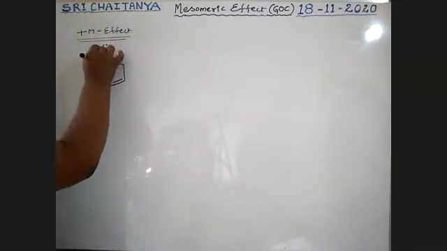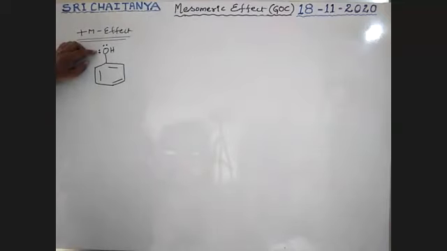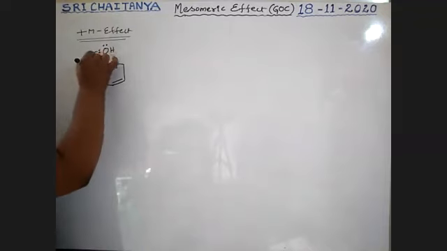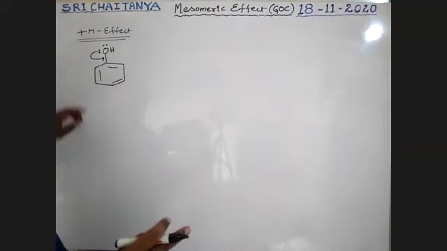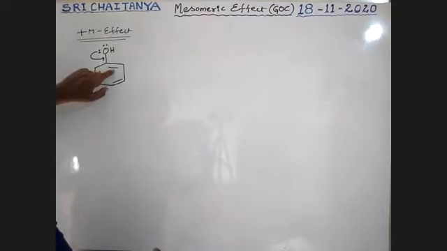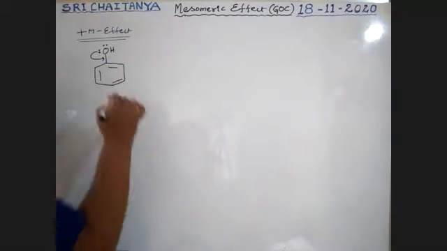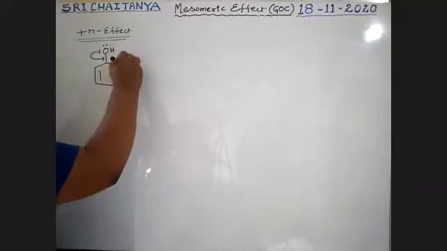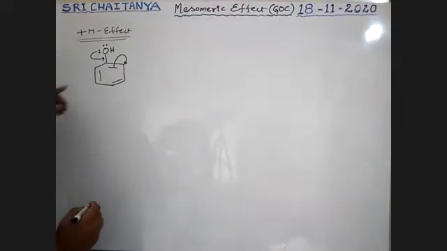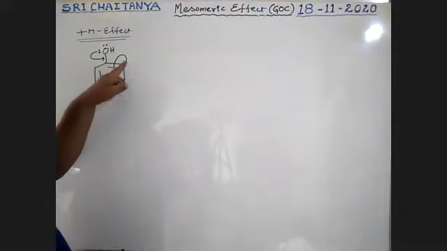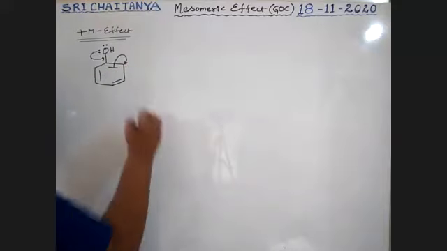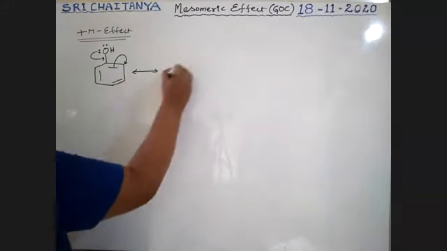Oxygen has two lone pairs, and one of those two lone pairs is involved in resonance. The electron pair migrates towards the ring. Listen carefully: this pi bond is shifted to this carbon, so these electrons move completely to this carbon, and a lone pair is developed here.